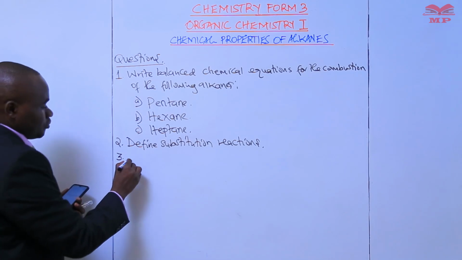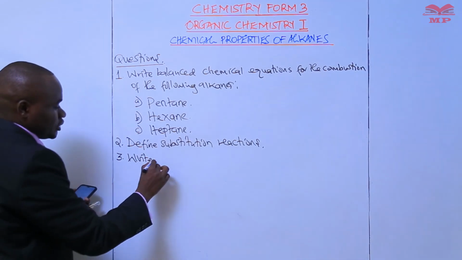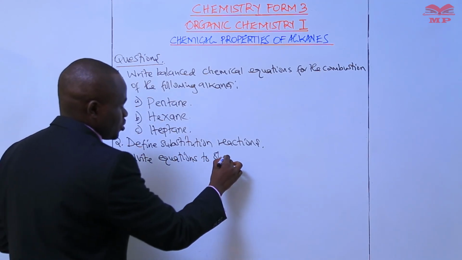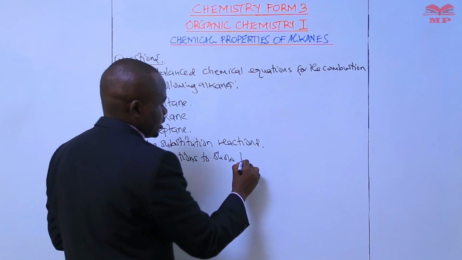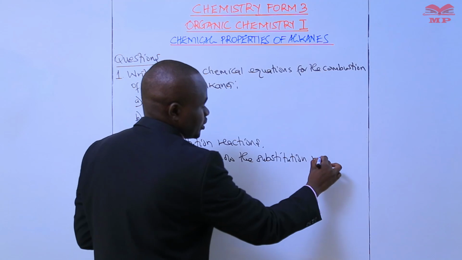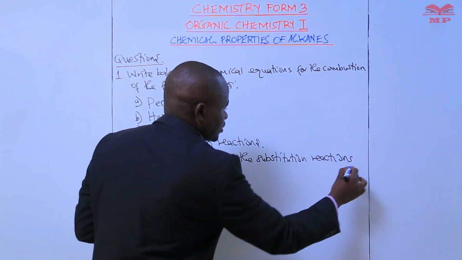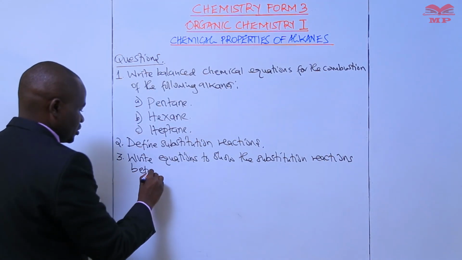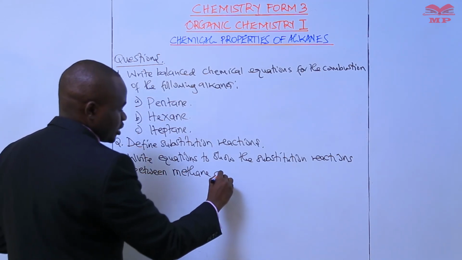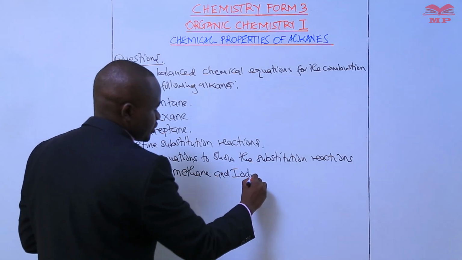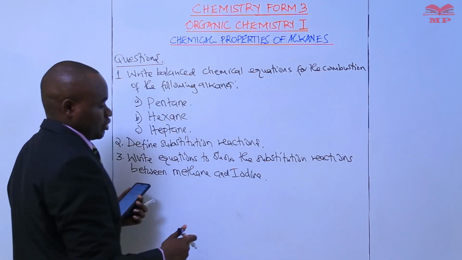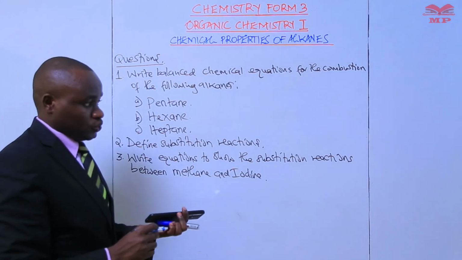Then third question is write equations to show the substitution reactions between methane and iodine. So you write equations to show how methane and iodine react as far as substitution is concerned.